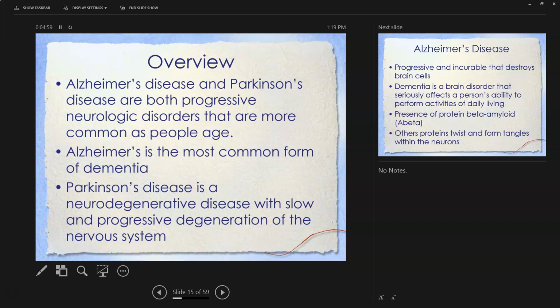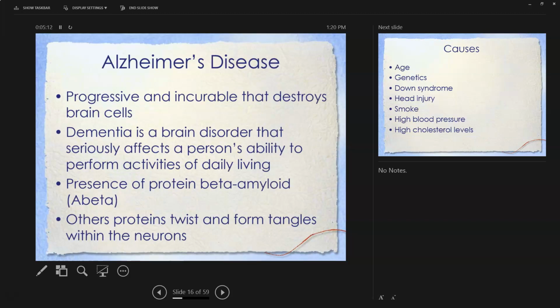Parkinson's is a neurodegenerative disease, a slow and progressive degeneration of the nervous system. People can live for years with Parkinson's and Alzheimer's. Those are sad diseases. Alzheimer's is progressive and incurable, and it destroys brain cells. Dementia is a brain disorder that seriously affects a person's ability to perform activities of daily living.